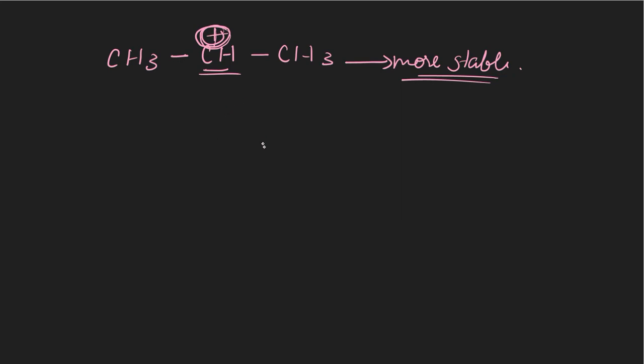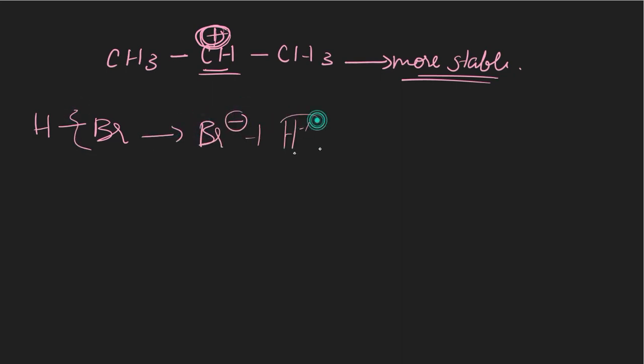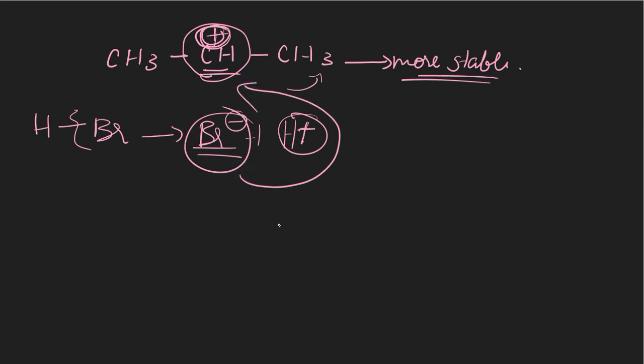And where does it get them from? Remember, we got a negative entity from hydrogen bromide when this bond broke. When this bond broke, we got Br minus as well as H plus. H plus already took part in the reaction and got attached to this carbon atom, forming a methyl group. What about this bromine atom? This is where it is happening. This bromine atom will attack this carbon atom with the carbocation, because positive and negative attract each other.